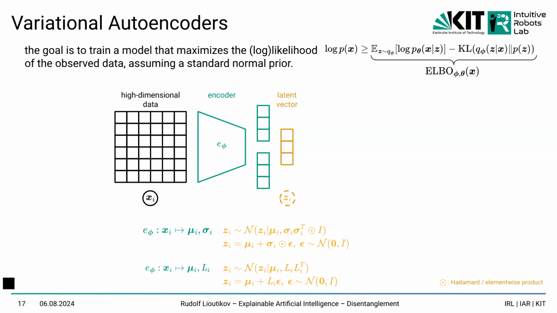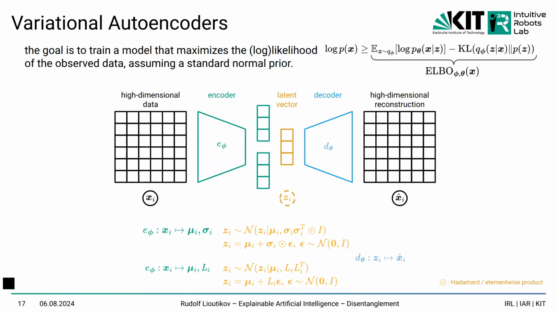Does it make sense? The equations here tell you how to draw this one. And then with the decoder stage, we project back from Z into this highly structured space, and all of this happens simply by optimizing for the evidence lower bound, right?